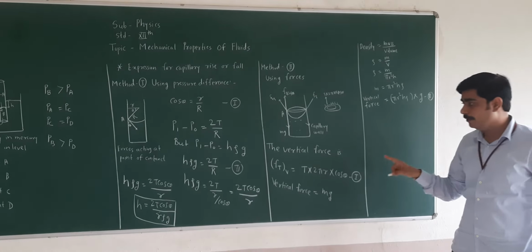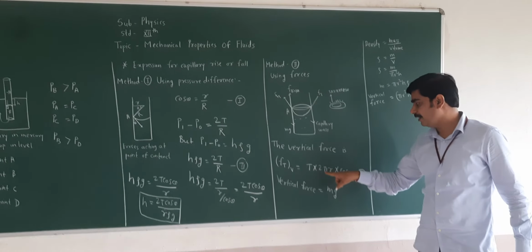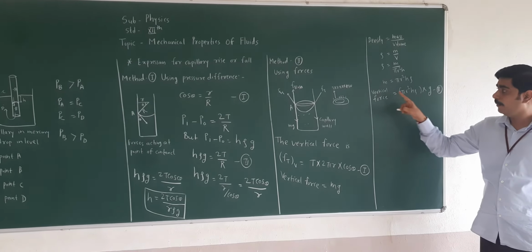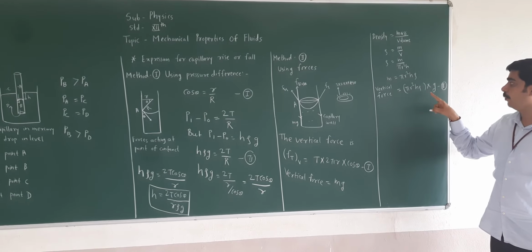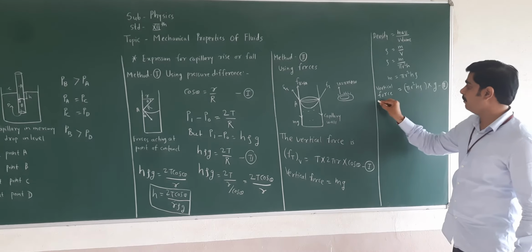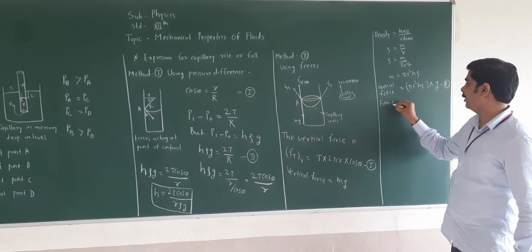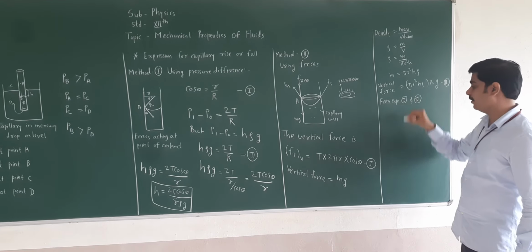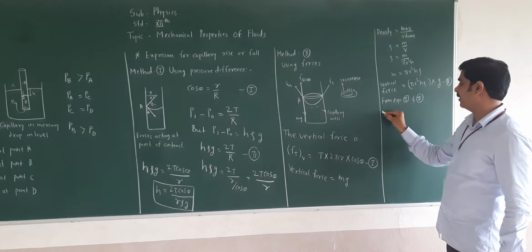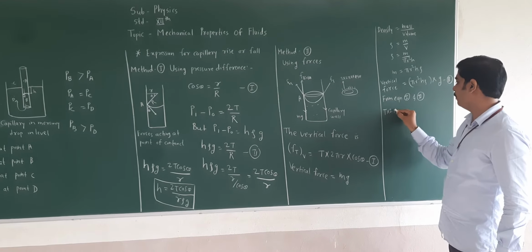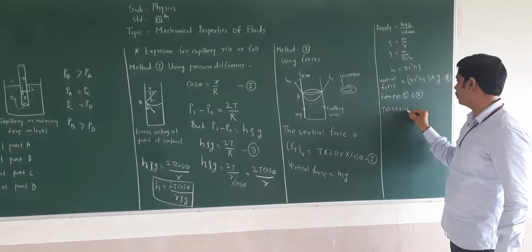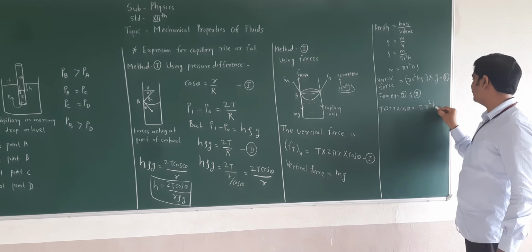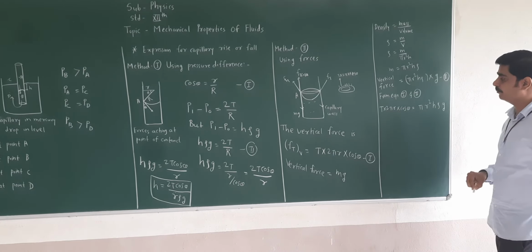In equation number 1, we have said that the vertical force is T into 2 pi r into cos theta. And in equation number 2, vertical force is pi r square h rho into g. From equations 1 and 2, if we compare them, we can write T into 2 pi r into cos theta is equal to pi r square h rho g.